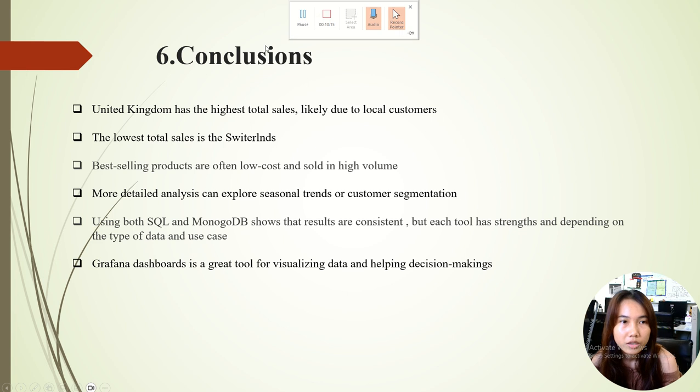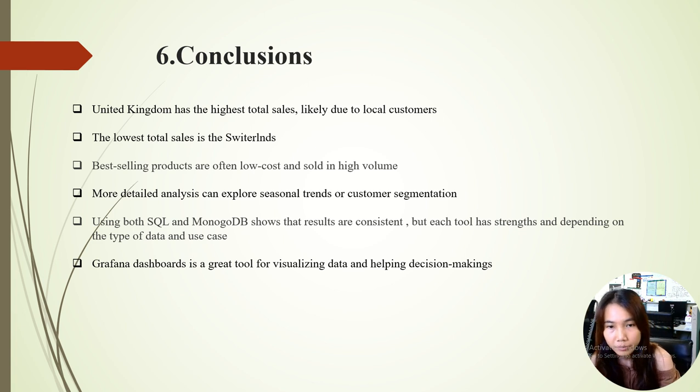The last section is the conclusion. To conclude, the United Kingdom had the highest total sales because of local customers, and the lowest total sales country is Switzerland. The best-selling products are often low cost and sold in high volume. More detailed analysis can explore seasonal trends or customer segmentation.